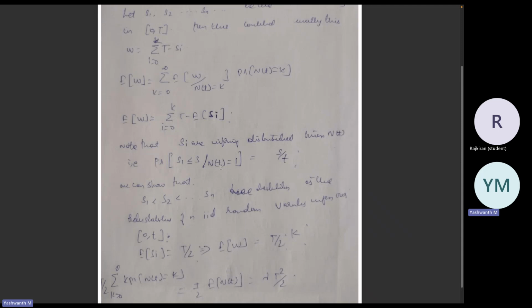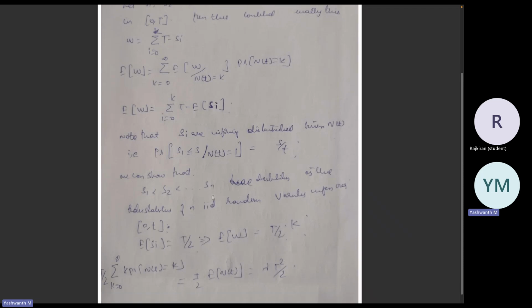In the time interval 0 to T, one event has happened. You don't know where that event has happened, and we want the probability that the event happened before s. That is nothing but s by T.